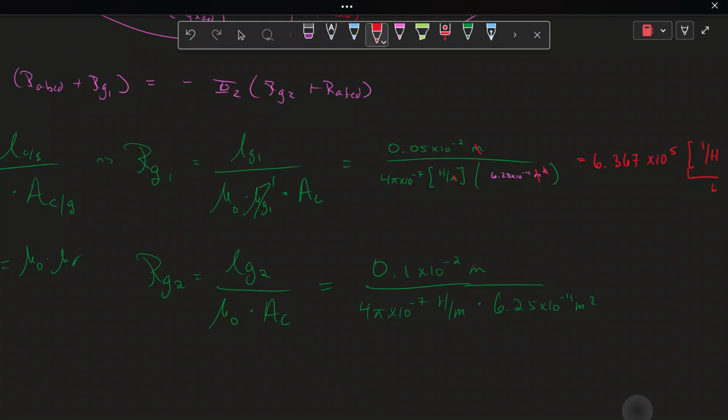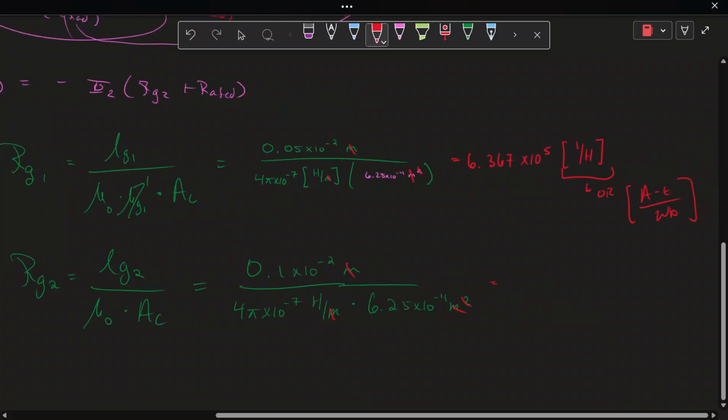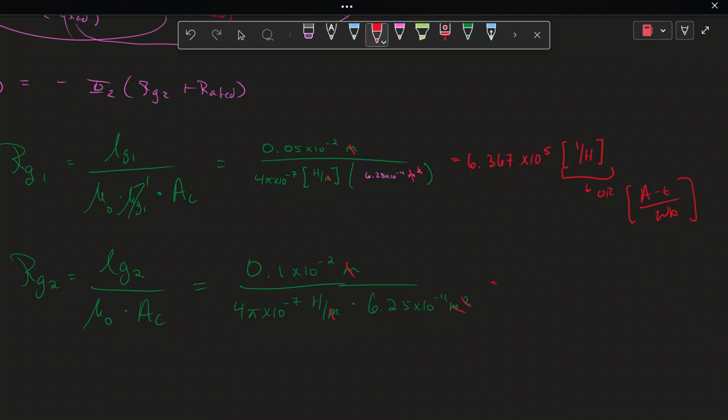Okay, again, we can cancel out our units. And we still get 1 over Henrys, which is good. It's 2 divided by... Okay, and I'm going to get 1.273 times 10 to the 6th, I believe, but let me check.